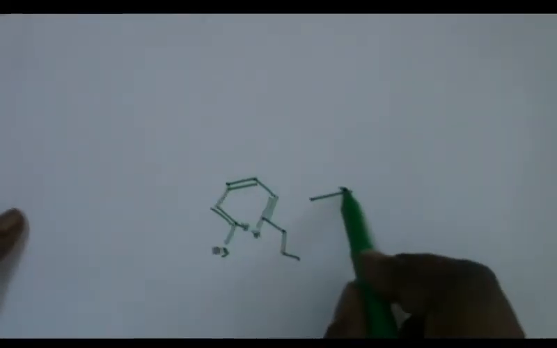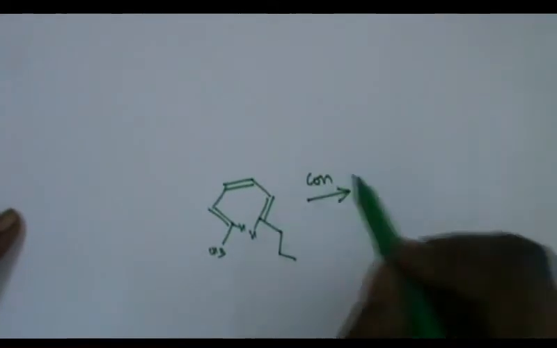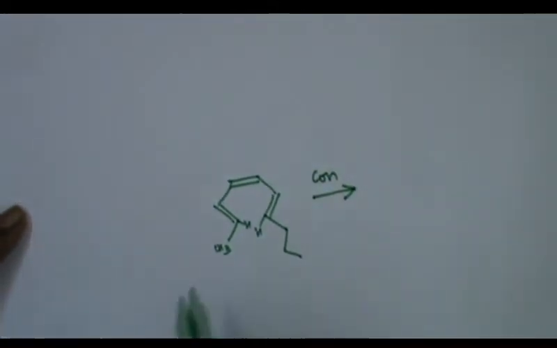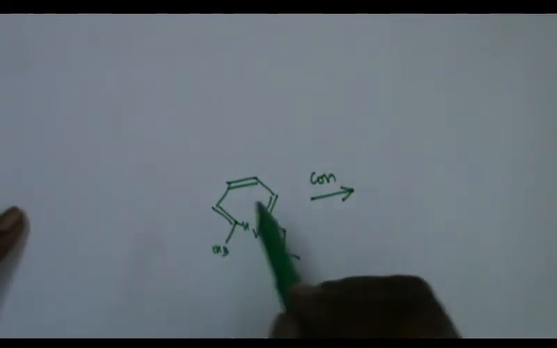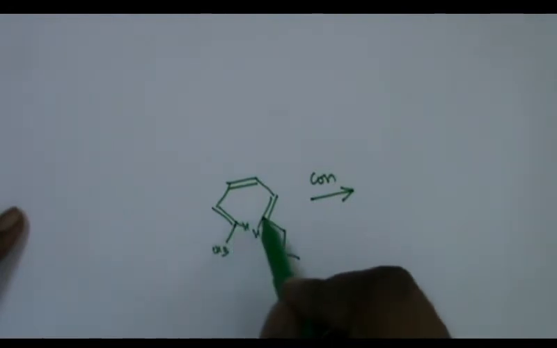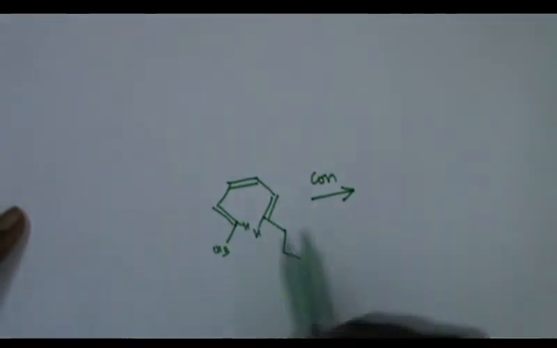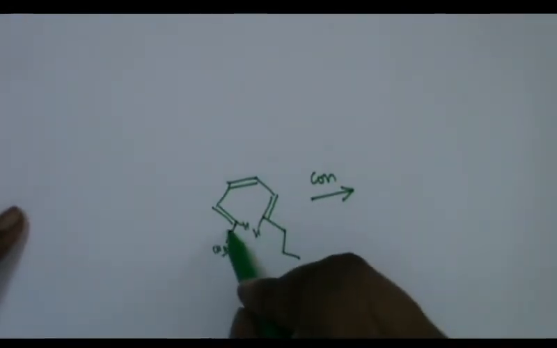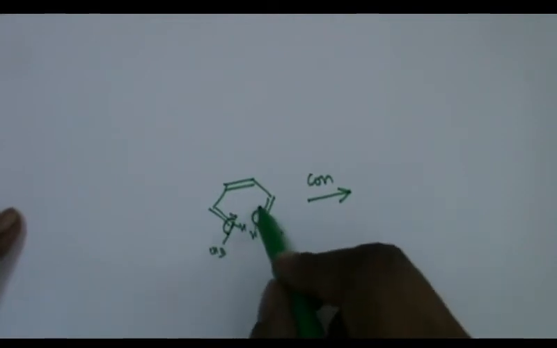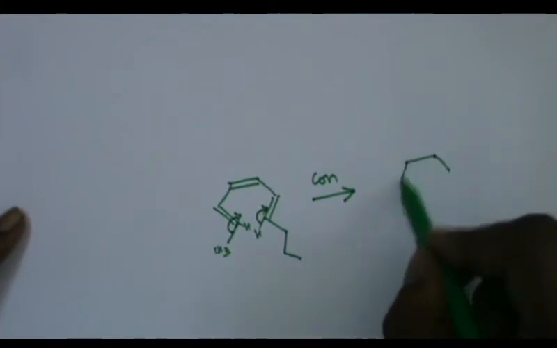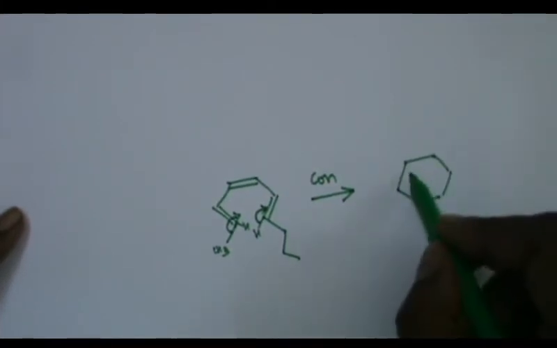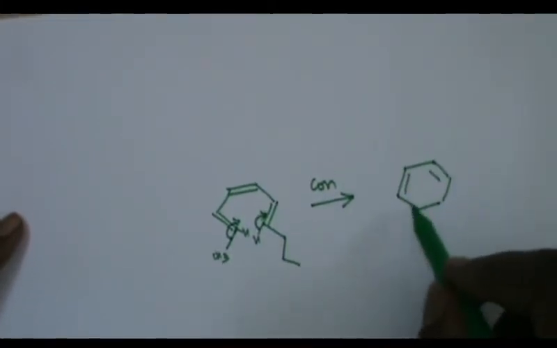If this undergoes conrotation, that is the substituents they go in the same direction. For example, if it is clockwise direction, this as well as this should be clockwise. So I rotate like this, this also like this. What I get is a compound like this.